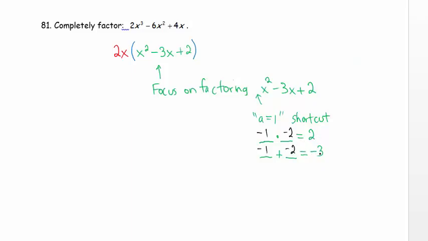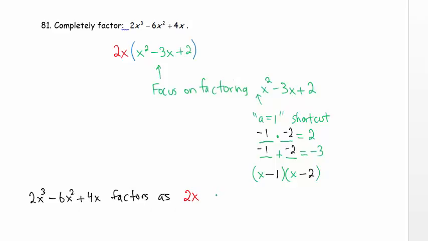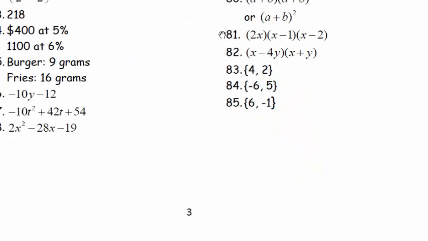Negative 1 plus negative 2 is negative 3. So the a equals 1 shortcut gives us x minus 1 times x minus 2. 2x cubed minus 6x squared plus 4x factors as GCF 2x times x minus 1 times x minus 2. Let's check the answer key. Note that these parentheses on 2x are unnecessary.